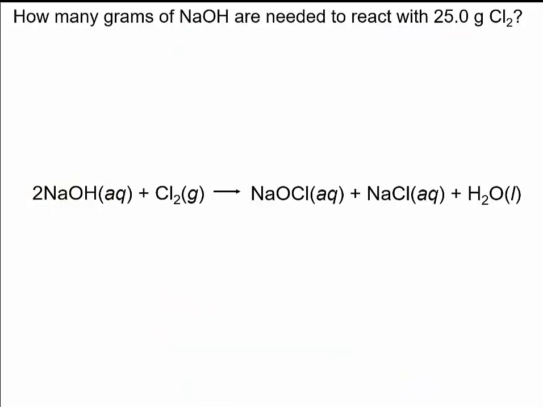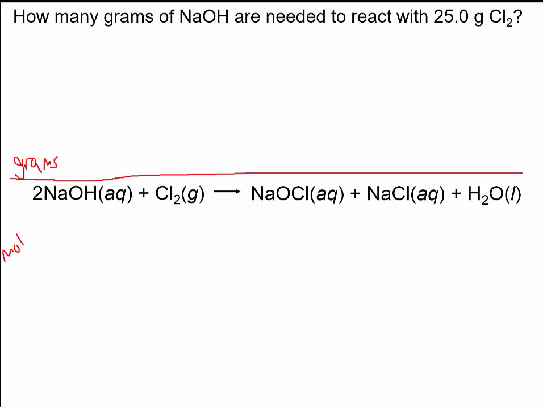So when I'm doing this kind of problem, I'm basically going to set up a grid based on this balanced chemical equation. In my grid, I'm going to make a couple of different levels. Top to bottom, I'm going to make rows that represent moles and grams.